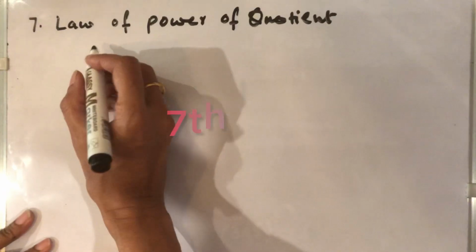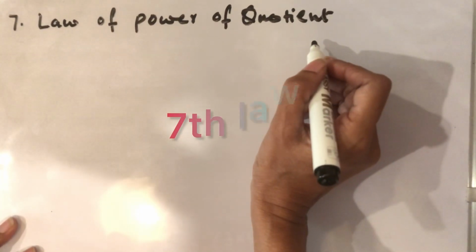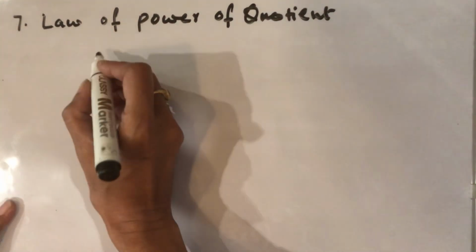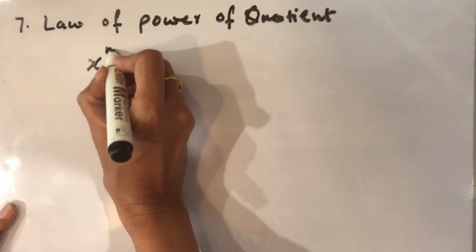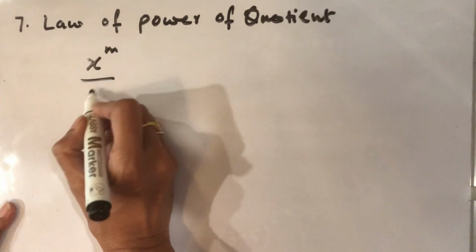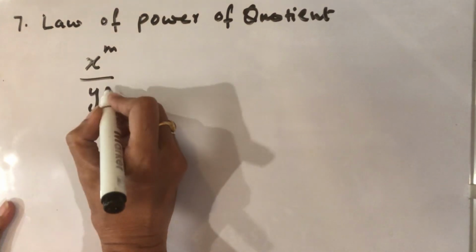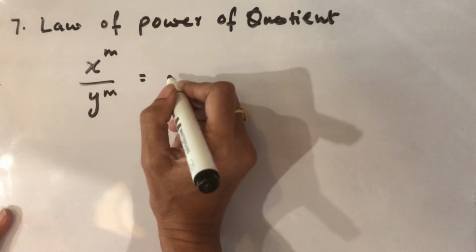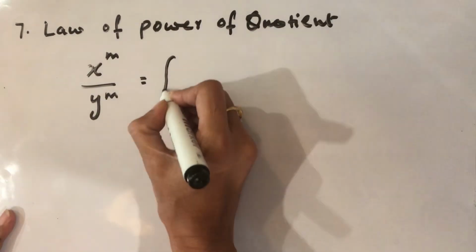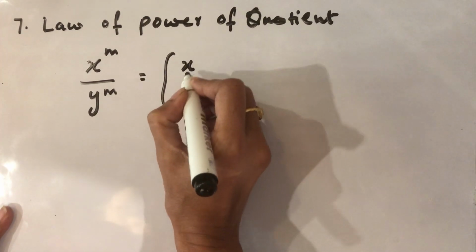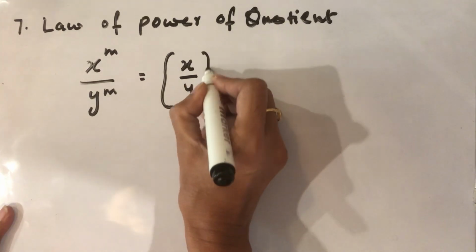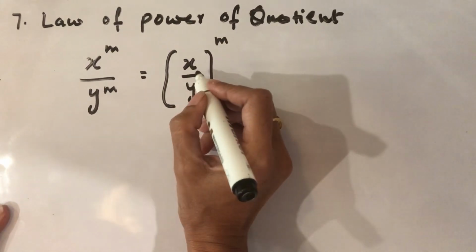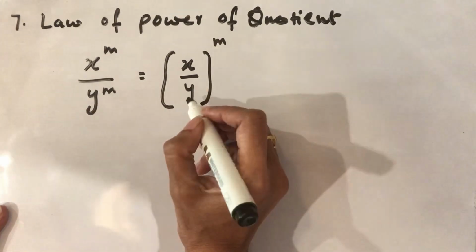Next, law of power of quotient. For example, when raising a fraction to a power, for example, x base with power m divided by y with power m, both are dividing with each other, so we can write it in brackets, x upon y whole power m, because both the numerator and denominator have the same power.